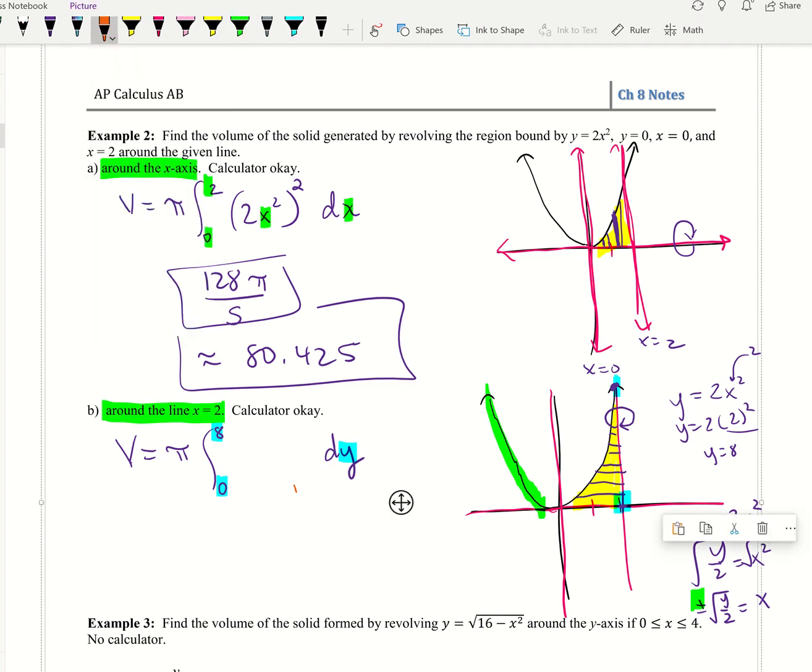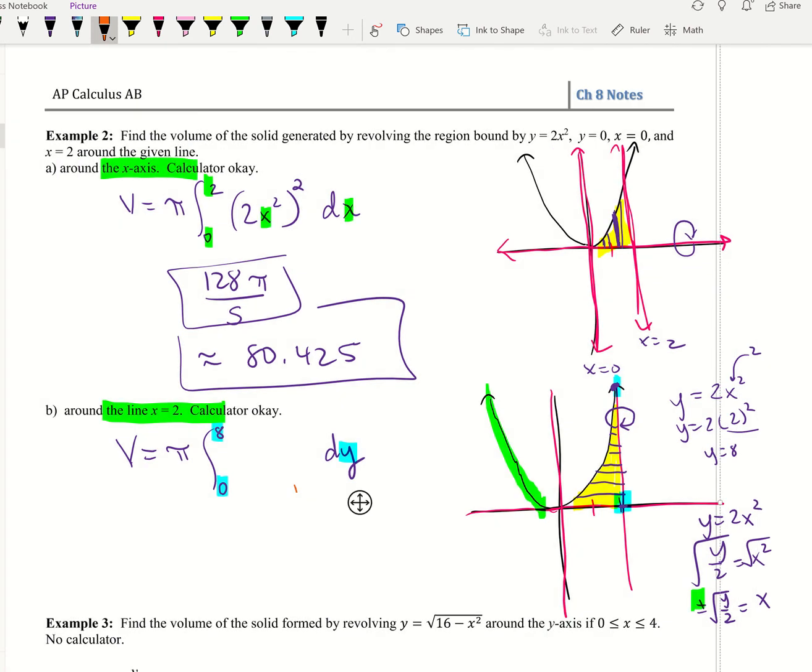It's in terms of y, but it'll give me lengths from here to the y-axis, which you'll notice are not the radii. If I just use an equation by itself, that will give me the distance to whatever axis we're doing this with respect to. Notice I actually need to be between the line x equals 2 and my curve.